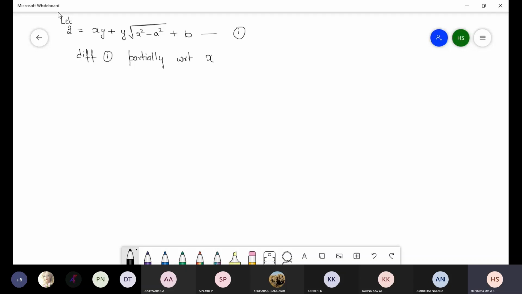So z with respect to x means dou z by dou x is equal to, here differentiation of the x is 1, y is a constant term, I will write as it is, plus y. What is the differentiation of the root x? In general, what is the differentiation of the root x? 1 by 2 into root x, ma'am. Yes, very good. 1 by 2 root x.